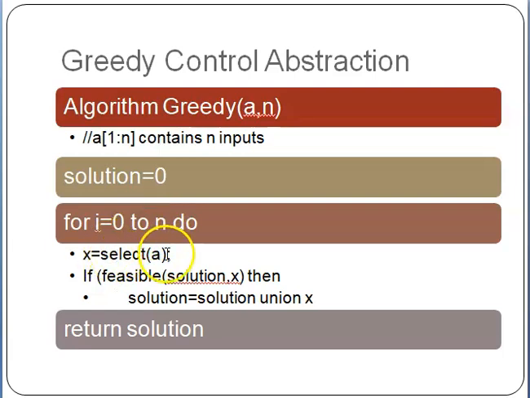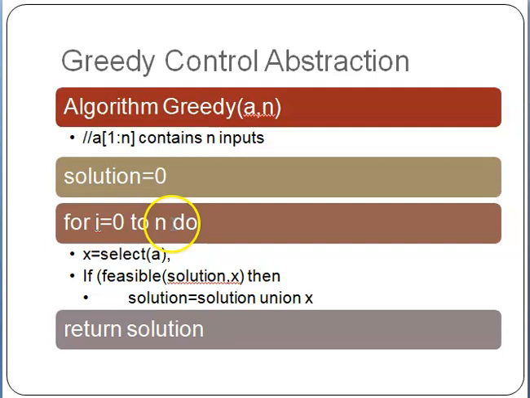You will select the item with the maximum profit, the one which is going to maximize your objective function, and you mark that as x. Then you combine the solution with the item x, and if it is feasible, that is, it satisfies all the constraints that are there in the problem, then solution is equal to solution union x, and in the end you're going to return the solution as the answer.